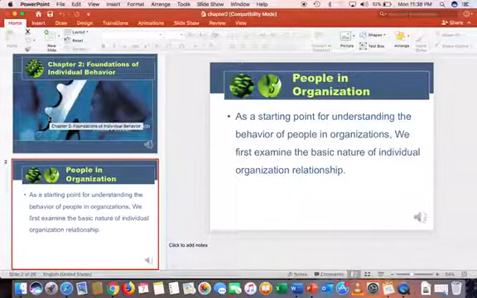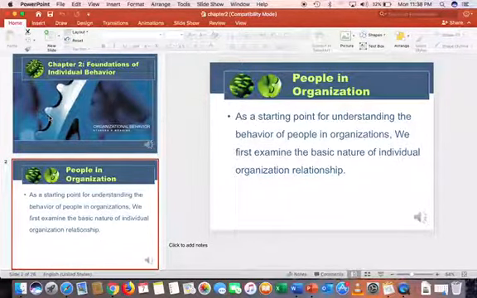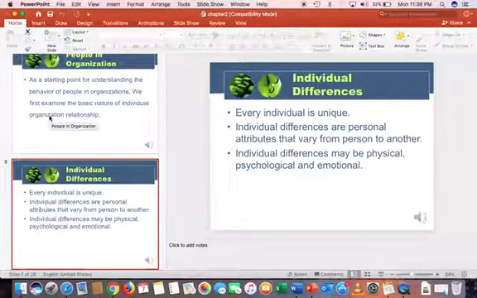We say that people in an organization are important. Studying them is important. So the basic nature of an organization is understanding their behavior. Why is it important to study?